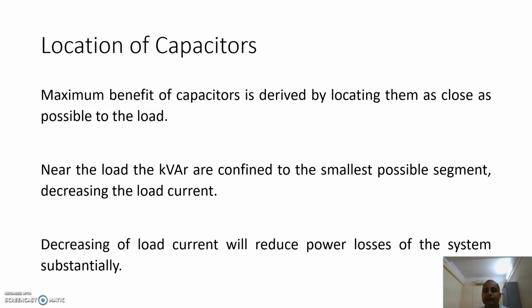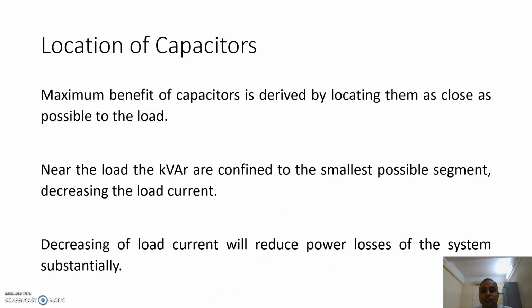If you place the capacitor very close to the load, there is no significant length of line that the current will have to flow through, and then there will be less loss. Decreasing the load current will reduce power losses in the system substantially.